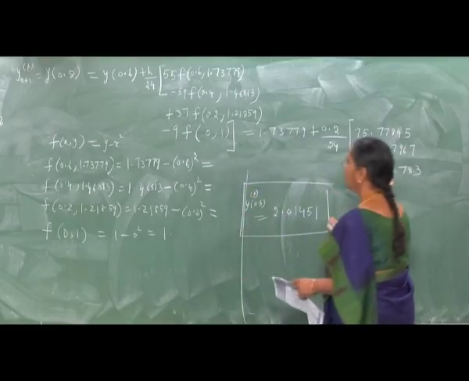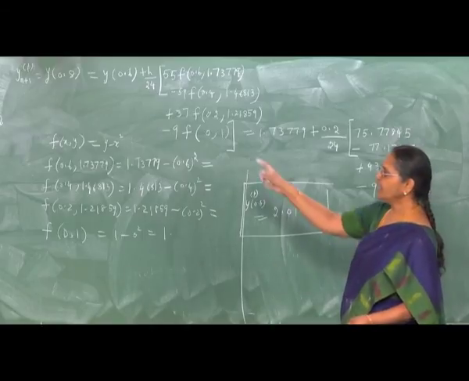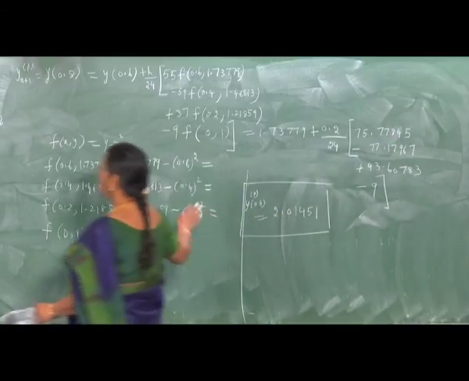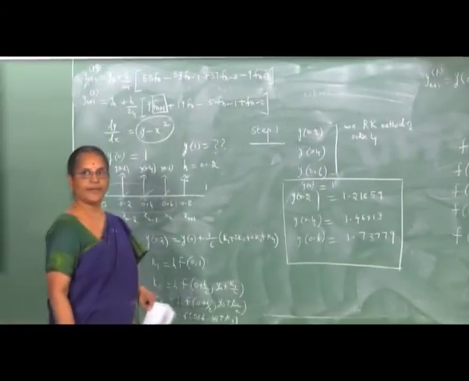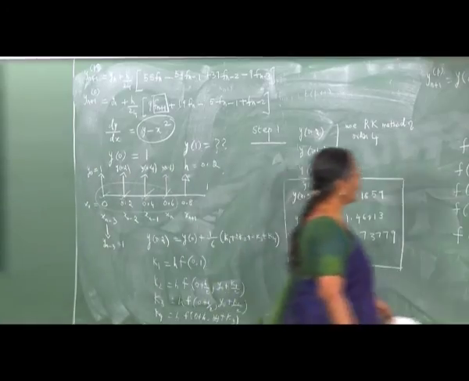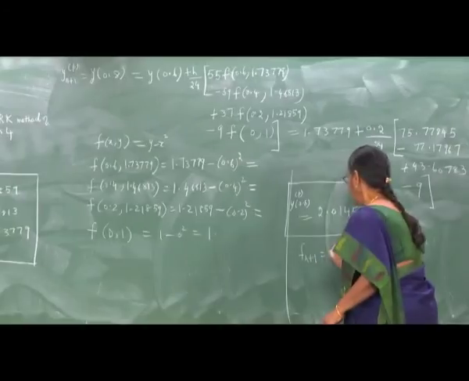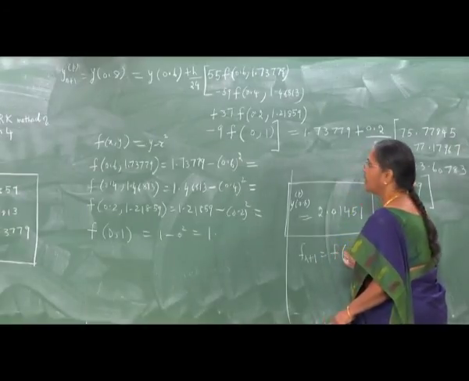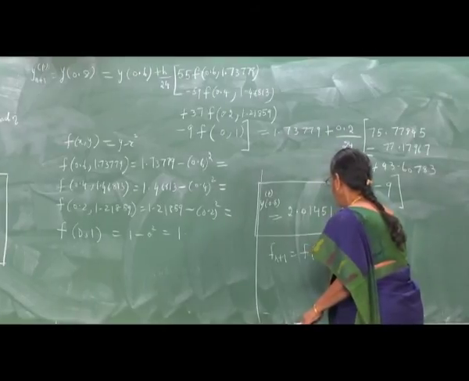Having predicted the value at 0.8, we would like to correct it using the corrector. So, before using the formula, just find out what is this f n plus 1. What is f n plus 1? Here f n plus 1 is going to be f evaluated at x comma y. What is x?